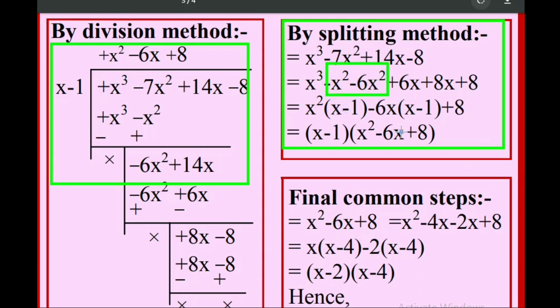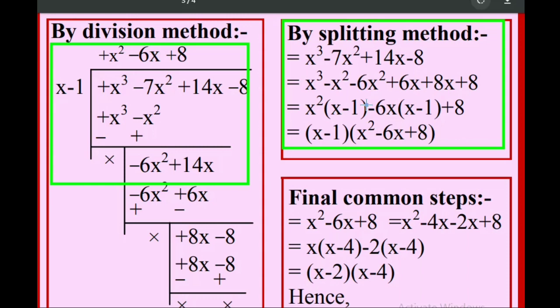Clear? So the first pair is complete, x cube minus x square, and I know that this pair gives a factor x minus 1, and that only was the need.